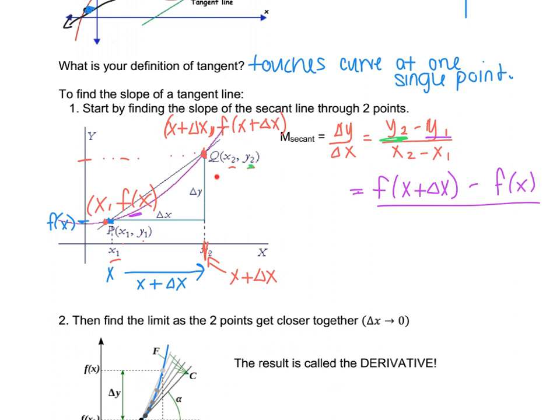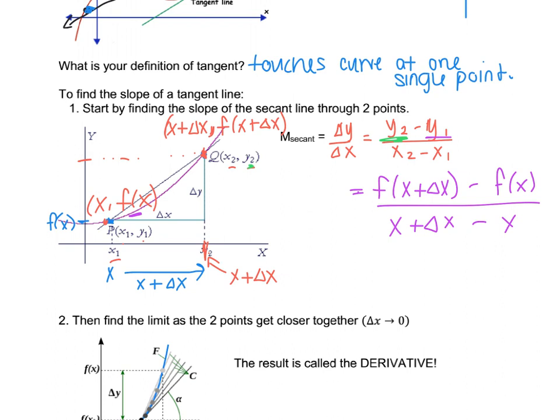So here's my x2, which now we're calling x plus delta x, minus x1, so following my formula, minus x1, which is just x. So this is our new formula for the slope of that secant line.